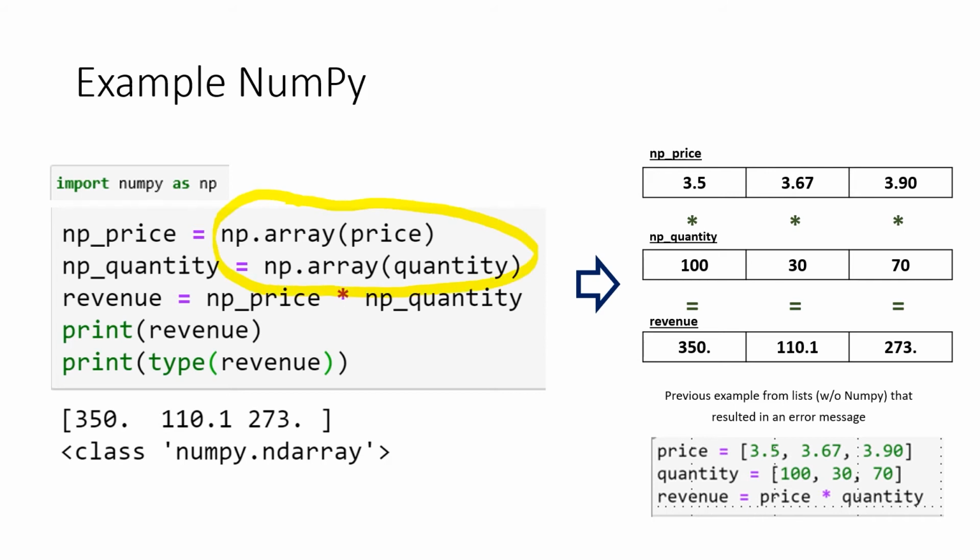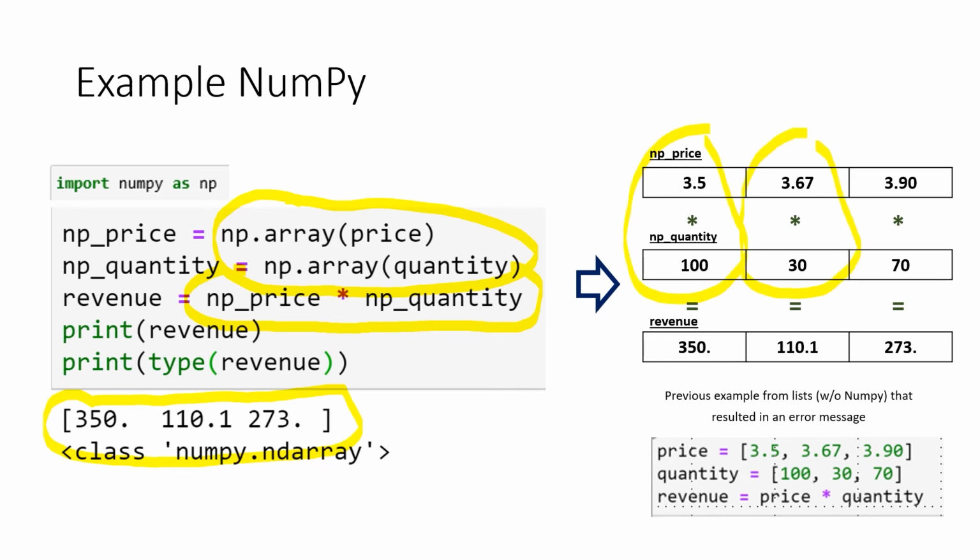And because we can multiply the individual elements with each other in NumPy arrays, we can get our new variable called revenue, which is the multiplication of each element with the other one. So if we now look at the table on the right-hand side, we multiplied these 2 values and these 2 values and these 2 values and always got a new result below.